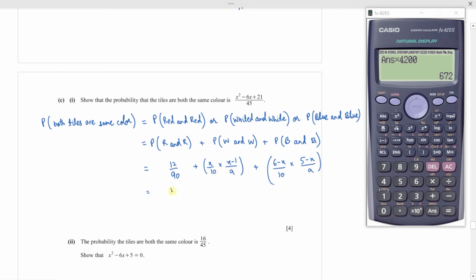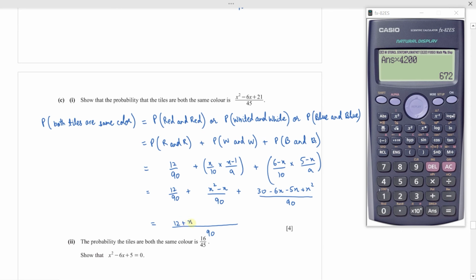So let's do these multiplications. This will be 12 over 90 plus x squared minus x over 90 plus, this will be 6 times 5 is 30, 6 times minus x is minus 6x, minus x times 5 will be minus 5x, and then this will be plus x squared over 90. All these denominators are 90, so I don't need to take any LCM.